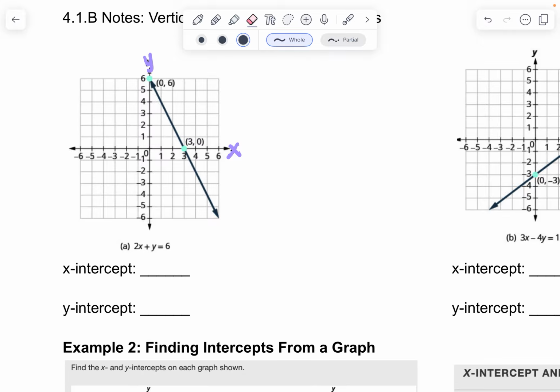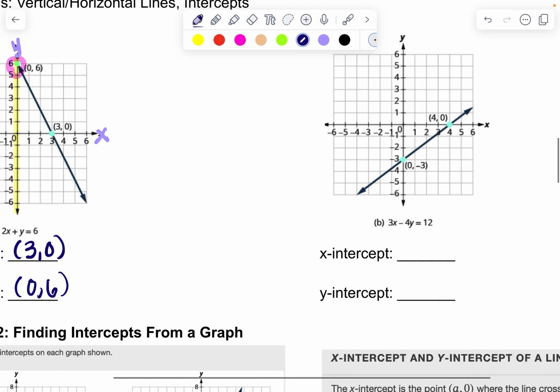And that point is at 3, 0. If I go along the y-axis, I can see that my line touches the y-axis right here, and that point is at 0, 6. Again, don't just say 3, don't just say 6, it has to be as a point.